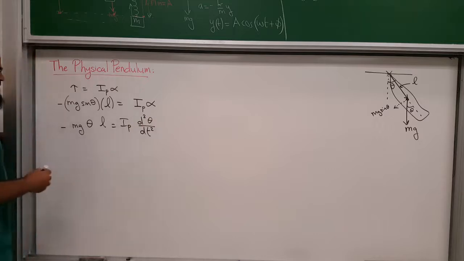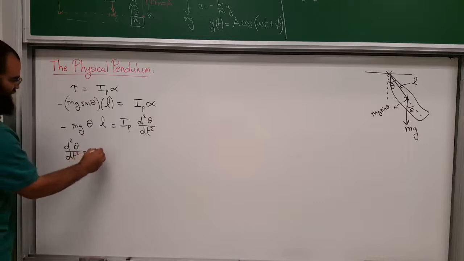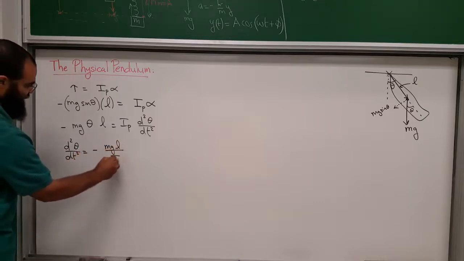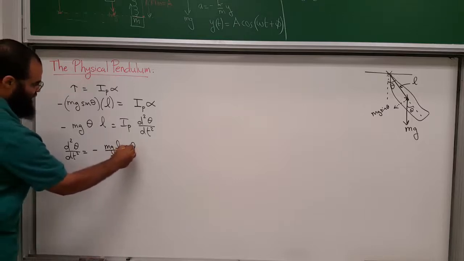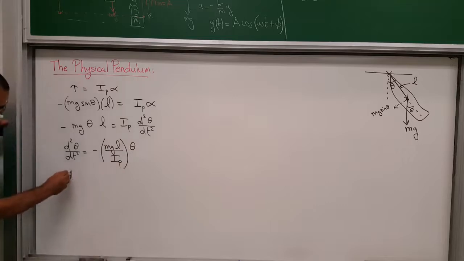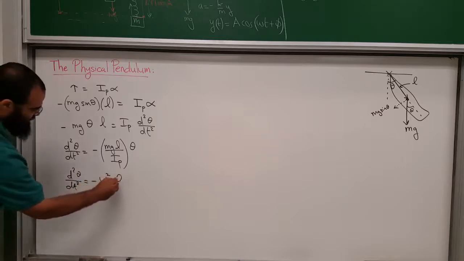That's what alpha is. And so we say d squared theta dt squared will equal negative mgL divided by IP times theta. And this has the form of d squared theta dt squared equals negative omega squared times theta.